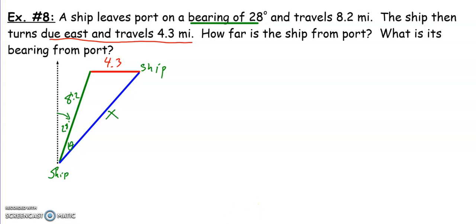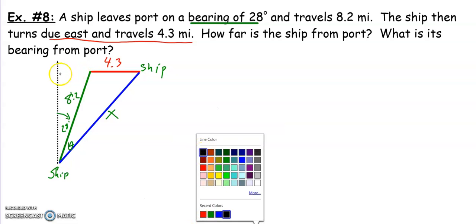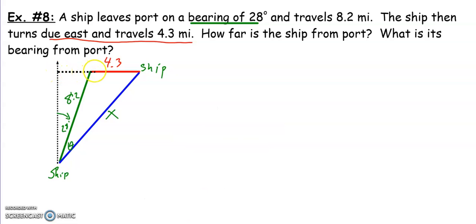What I know is right here. If I was to connect that, I know this angle would have to be 90, because coming straight to the right off north is a 90-degree angle, and there is a 28-degree angle.